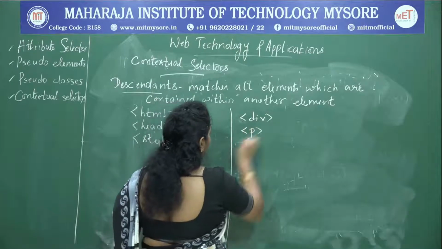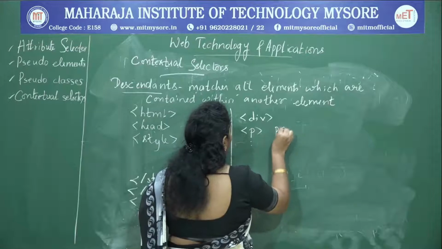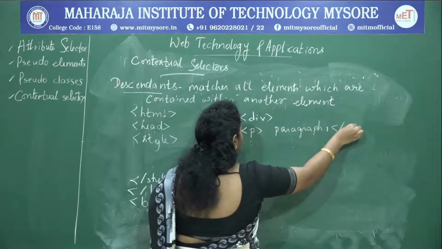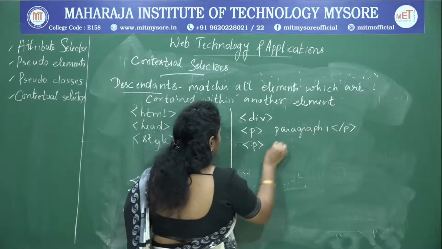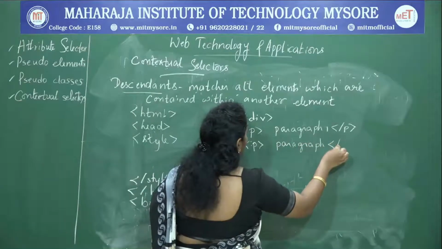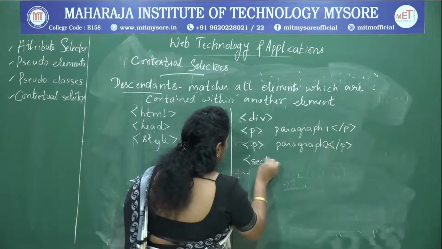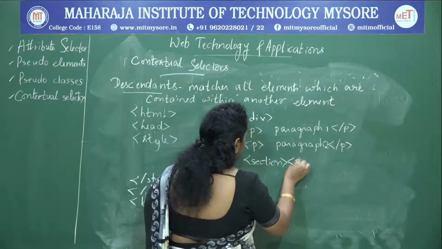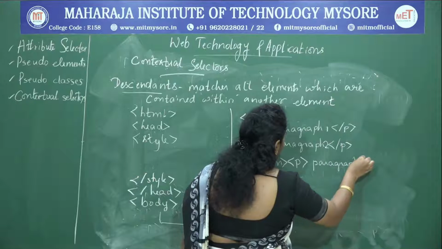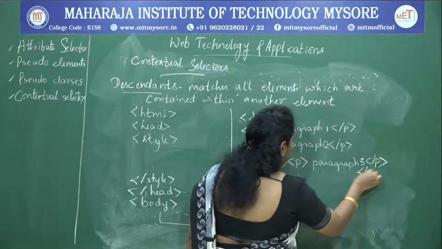There I am using a paragraph that says paragraph 1, very simple text. Second one, paragraph 2. Then inside this I am going to use a section tag, then a p tag. This is paragraph 3. Close p and also close section.